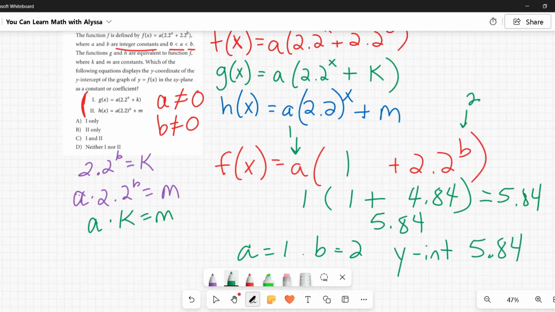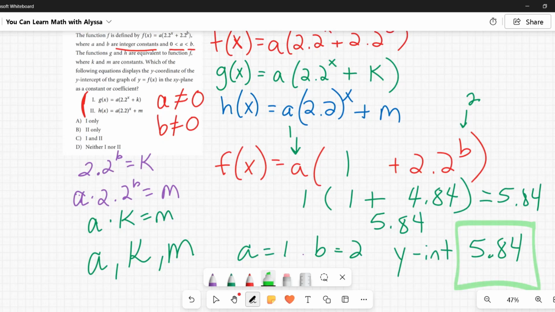Would 5.84 show up anywhere in here? Would it be a constant or coefficient? Is that even possible? Well, let's see. A, we already know what A would be in this scenario. It would be 1. That is not 5.84. And remember, the only ones we're looking for are A, K, and M. Could A, K, or M be 5.84?